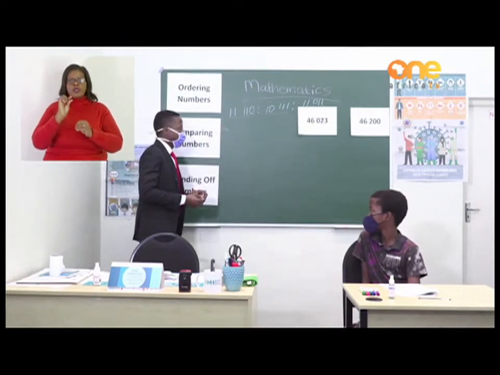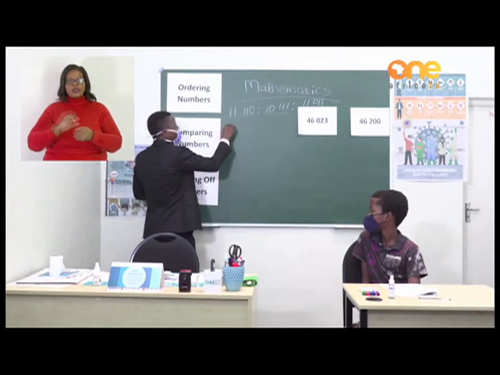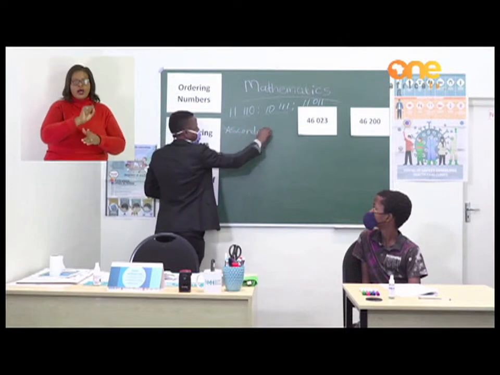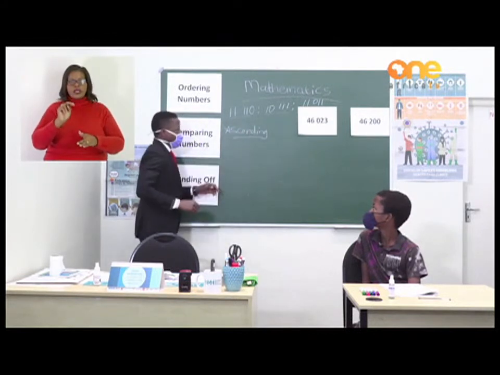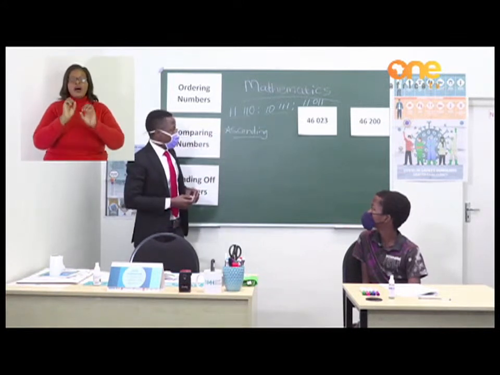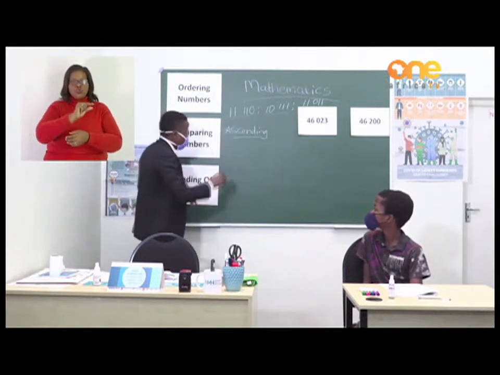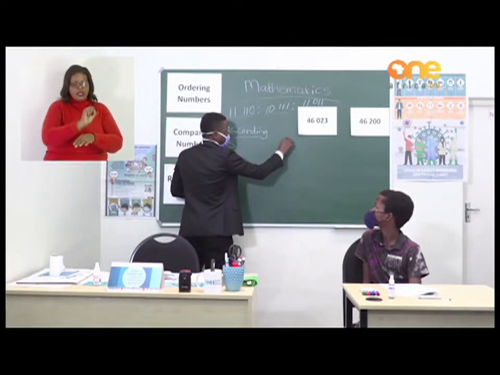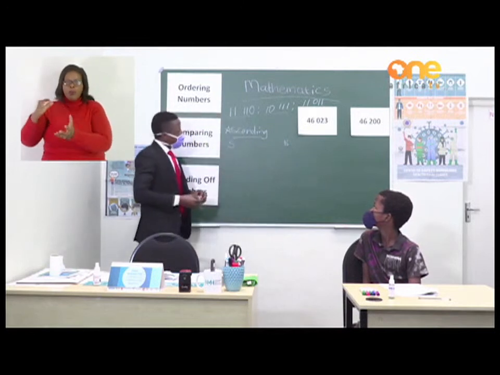number is the largest. Let's say we are putting them in ascending order. Ascending order. If I have to arrange these numbers in ascending order, I must first start with the smallest number and I must end with the biggest number.